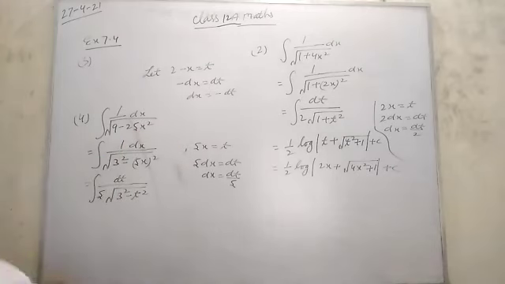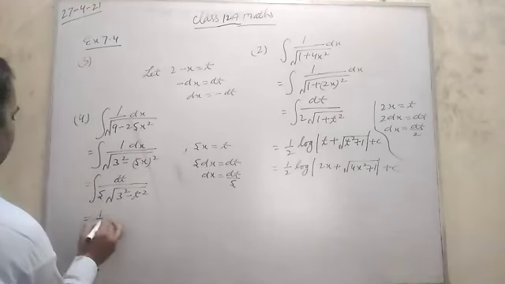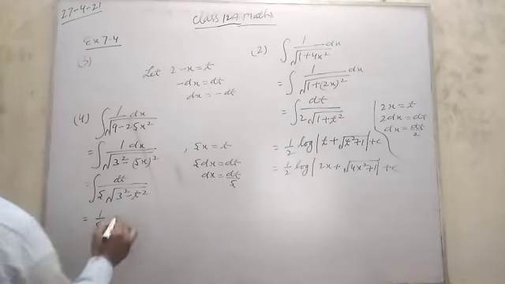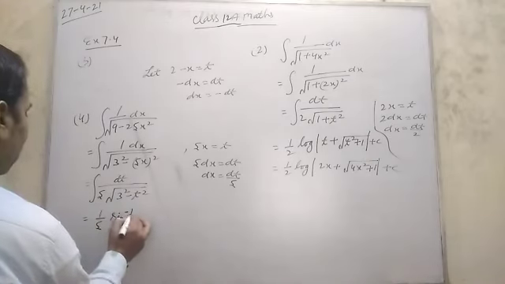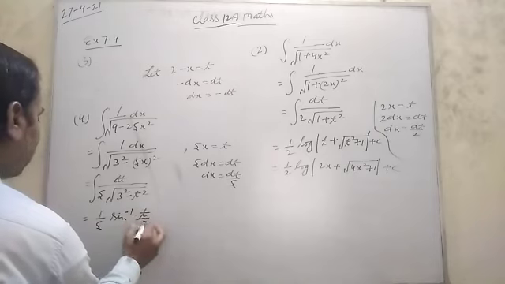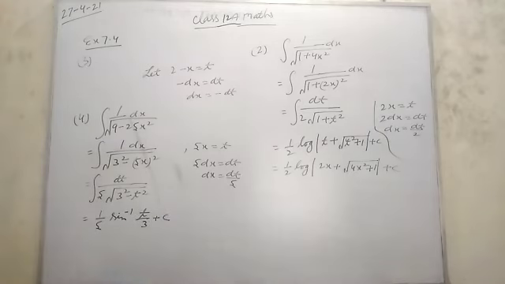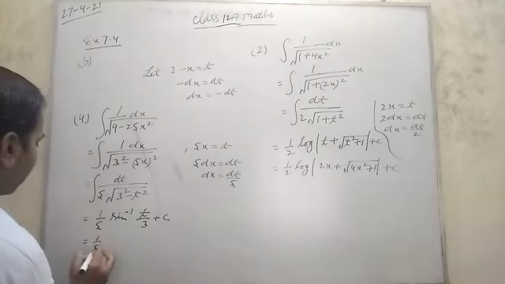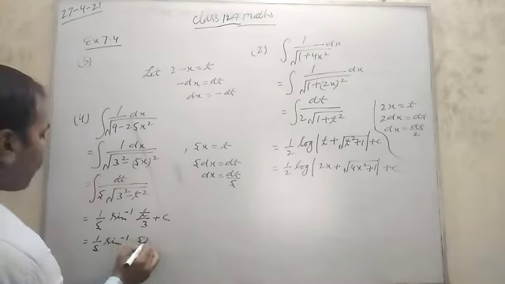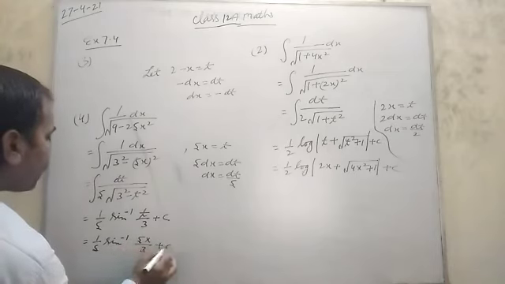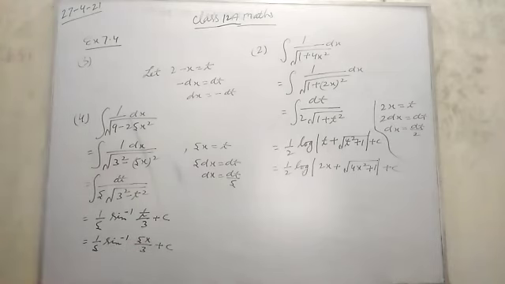So this will be 1 by 5, that will be out. So sine inverse t upon a means 3, plus constant. Then putting t value, so 1 by 5 sine inverse 5x upon 3 plus constant. That will be answer. Okay.